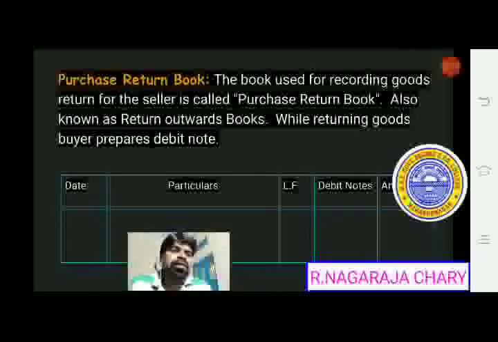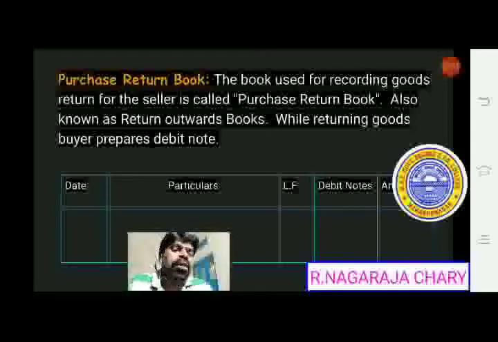To record that returns information, we use this subsidiary book, the purchase returns book. This book gives us the information about purchase returns. Whatever we purchased earlier and whatever we are returning to the supplier is recorded here.